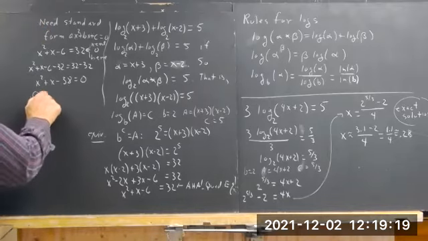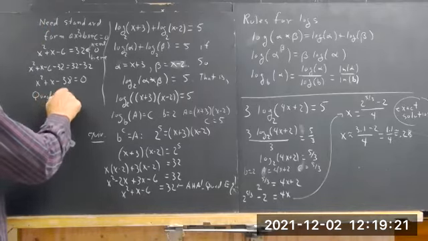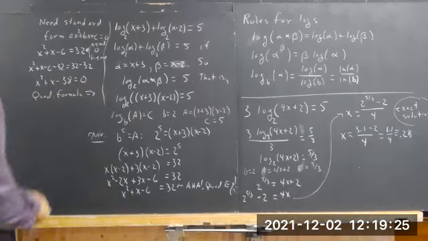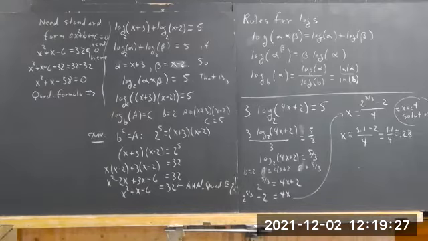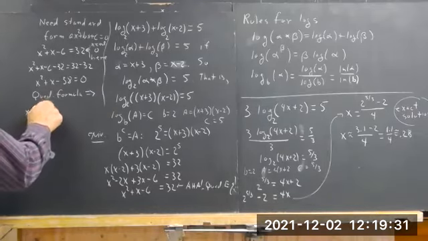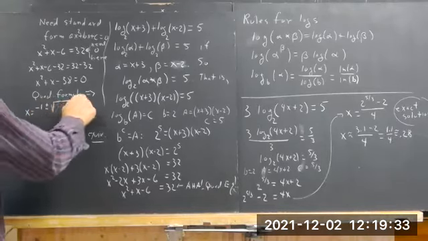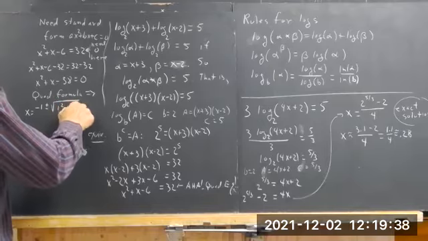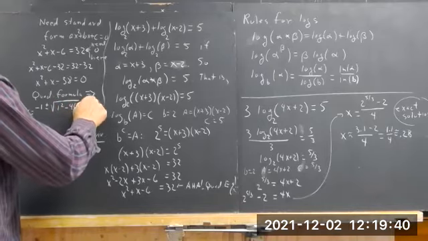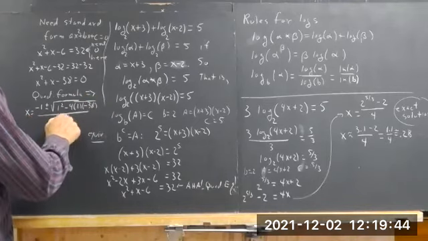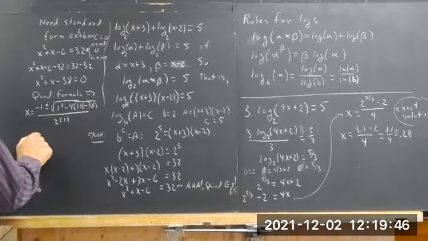Now, I'm going to remind you what the quadratic formula is, which you pretty much know. It tells you that x equals -1 plus or minus the square root of 1 squared minus 4 times 1 times -38, all divided by 2 times 1.